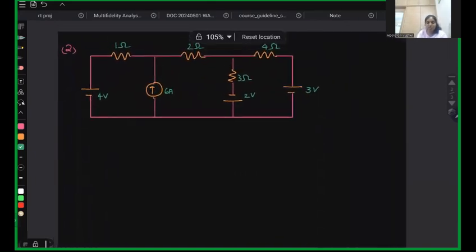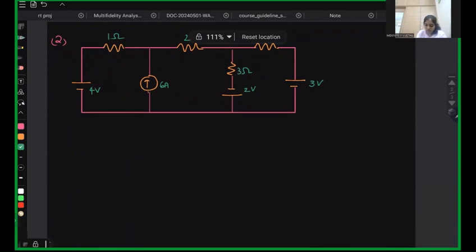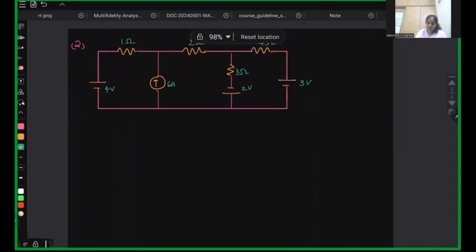This is the second problem we have at hand. In this problem, there are two nodes, three resistors, three voltage sources, and one current source. So this is VA, and let us assume this is VB.